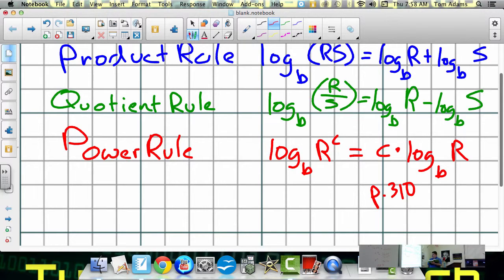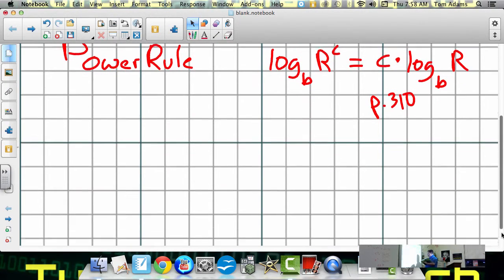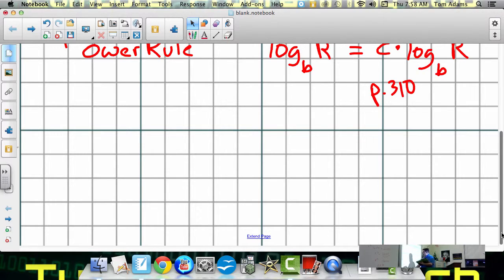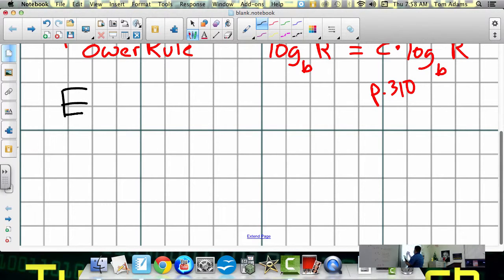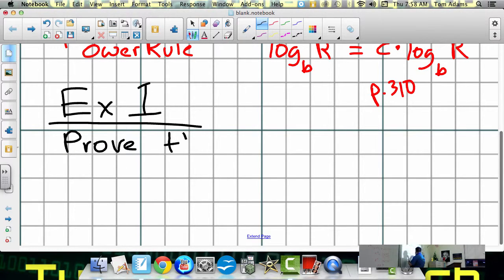Okay. So now, for example number 1, we're asked to prove the product rule.